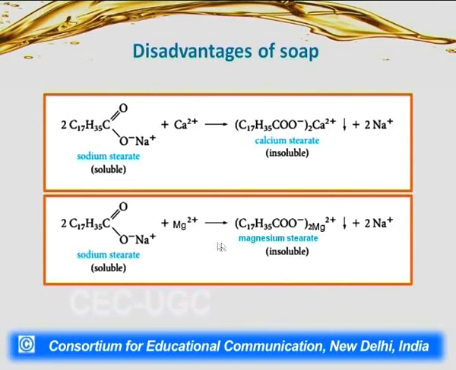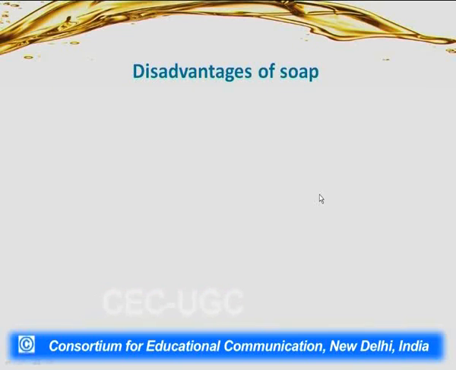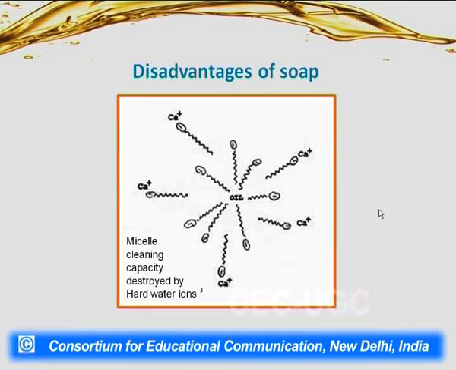So, if we are using soap in acidic medium or in hard water, a lot of soap will be converted either into the carboxylic acid or its calcium or magnesium salt, which will separate out as scum, and soap is wasted, and its cleansing action is also reduced. Suppose this is the micelle. Some of the molecules from this which have formed calcium salts have gone out of the micelle, because they are insoluble and the micelle is with the sodium salts only.